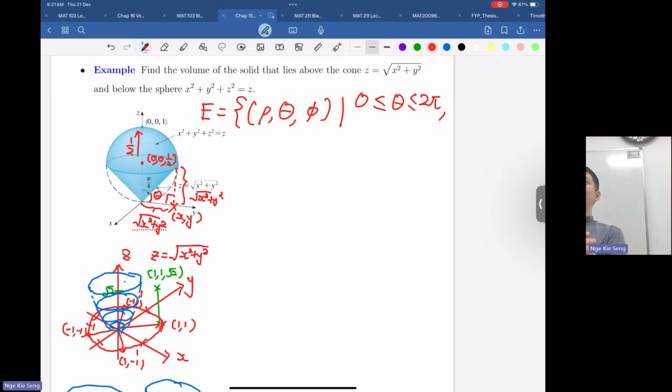So you have A here, and A here, and then you have a right angle triangle. So what's the angle here?